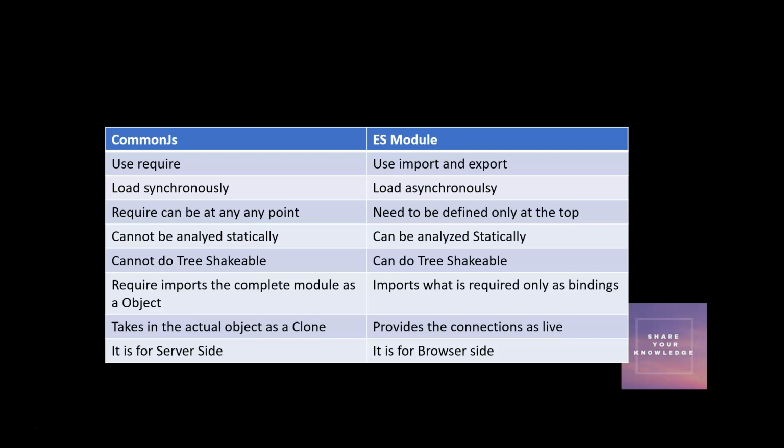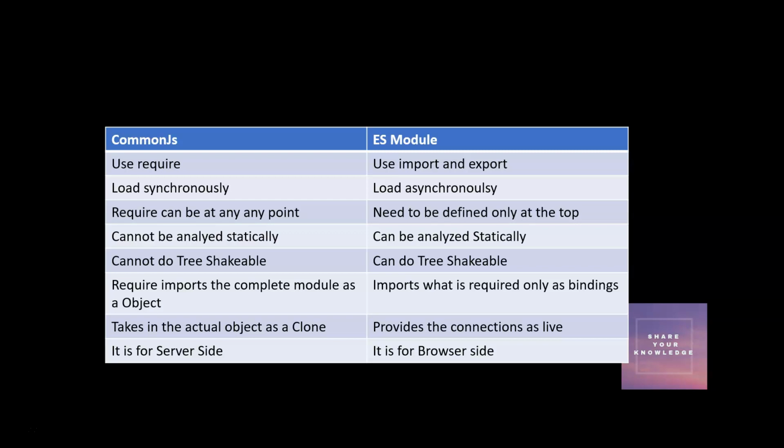But in the case of ES module, the bundlers can analyze the variables and functions from other ES modules, and they can remove the dead code, the unused code in the current module. This way they can reduce the bundle. In CommonJS we cannot do tree shaking, but with ES modules we can.